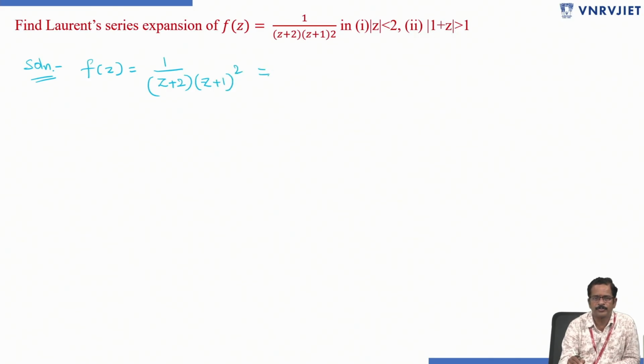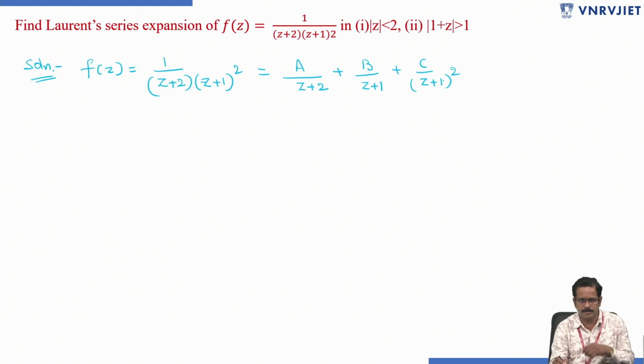Again you need to apply partial fractions here: A by z plus 2, B by z plus 1 plus C by z plus 1 whole square. Here, as the terms in the denominator are of higher degree, I need to separate fractions by using partial fractions.